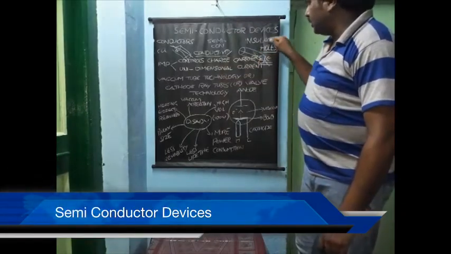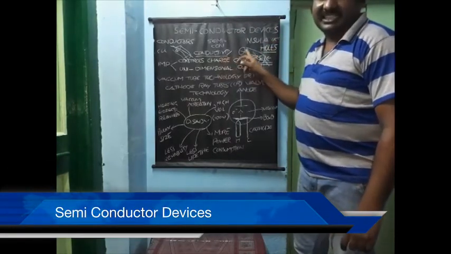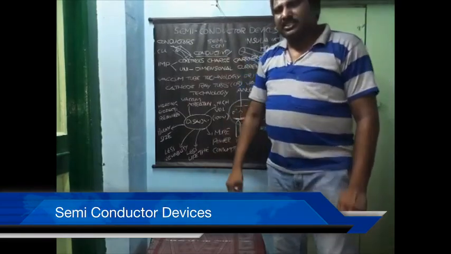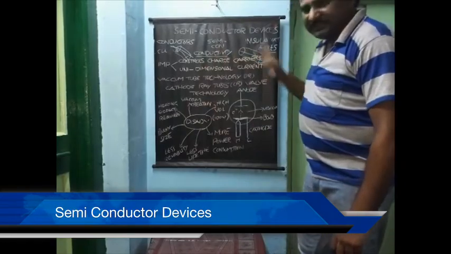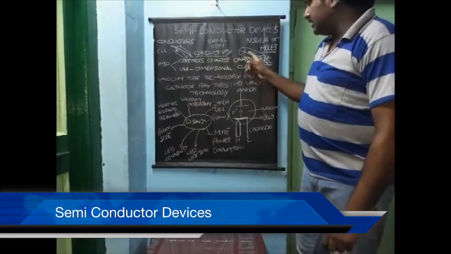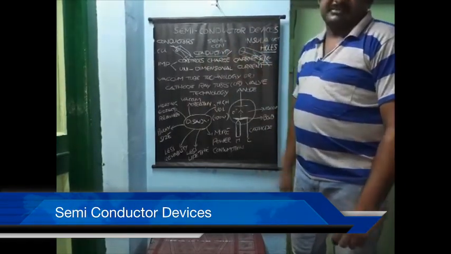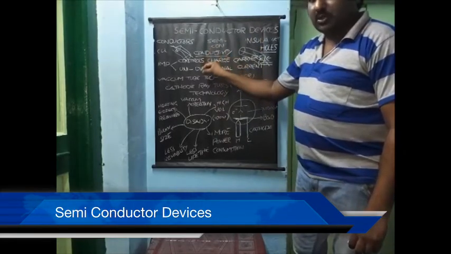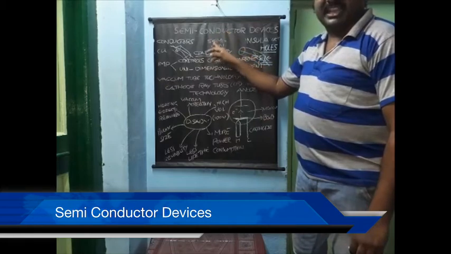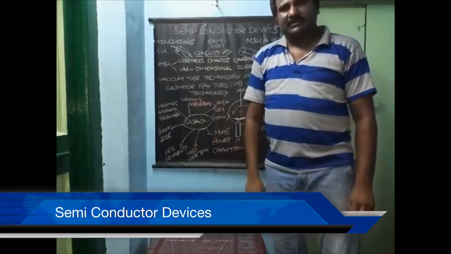These are what we call charge carriers. So in semiconductors, current flows only in one direction and the charge carriers get controlled. These two points play a very important role in semiconductors.